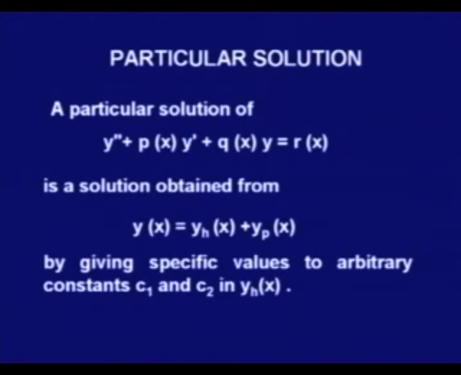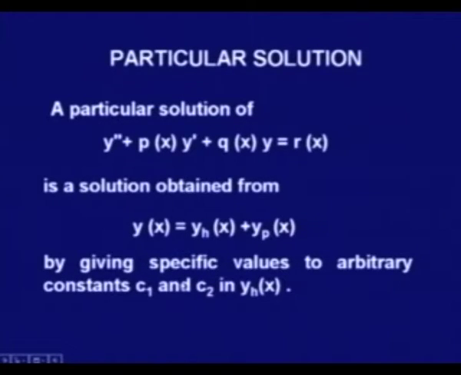Since yh(x) is the general solution of the associated homogeneous equation and yp(x) is a particular solution, yp(x) does not contain any arbitrary constants; the arbitrary constants are in yh. Now, if I keep C1 and C2 as 0, I will get only yp(x), the particular solution we are keeping over here, but that is not the only particular solution. We can obtain other particular solutions as well by giving some values to C1 and C2.